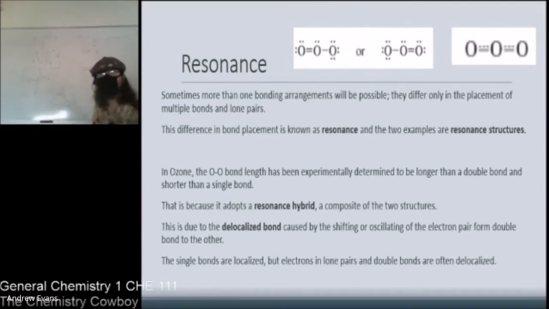That would not be considered a resonance structure with our current setup, because it differs in that we have another single bond. Normally, these oxygens would not be connected. So that is a different structure altogether. So resonance is only when we are shifting around our double and triple bonds and our lone pairs.